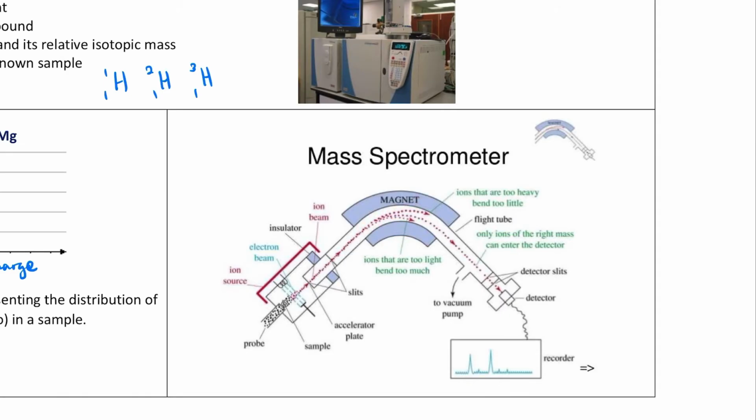Okay, tapi kalau benda tu terlalu ringan, ion tu terlalu ringan, okay, mass to charge ratio dia terlalu ringan, so dia akan bend a little. Okay, bend terlalu banyak tak boleh, bend a little pun tak boleh, sebab yang ini tak akan detected by detector. Okay, so yang bend just nice ni yang akan detected by the detector.